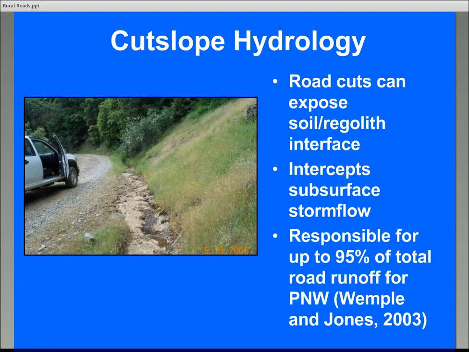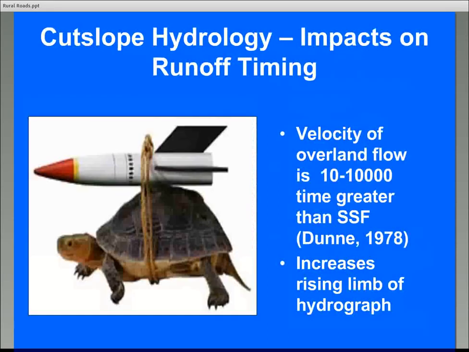And what researchers have found is that the interception of subsurface storm flow by cut slopes can be responsible for up to 95% of the total road runoff in humid forested areas.